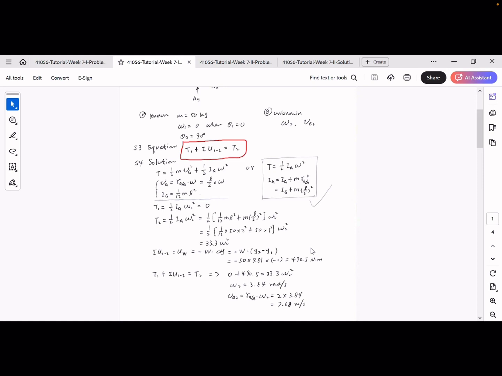A force has to move, has to change location, for work to happen. Then we apply the work and energy principle to find omega 2, which is our variable, and then we find VB.